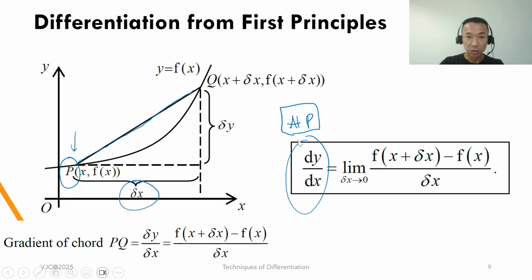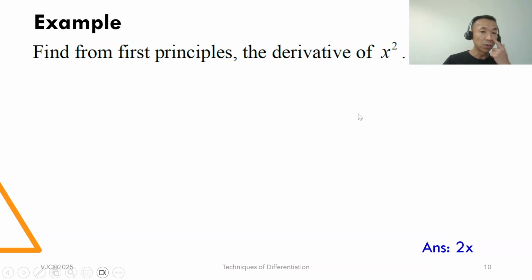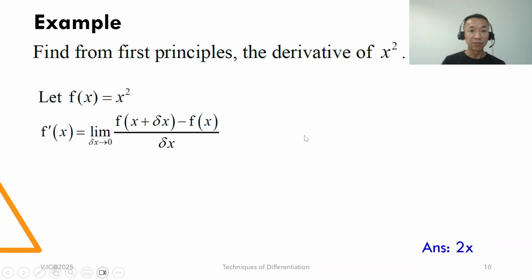So let's go to the question here. What should we start off with? We start off with this: let f(x) be x squared, and then the gradient is essentially f(x plus delta x) minus f(x), divided by delta x, and we still want to find when delta x tends to 0. But what is f(x) in this case? I'm interested in x squared.